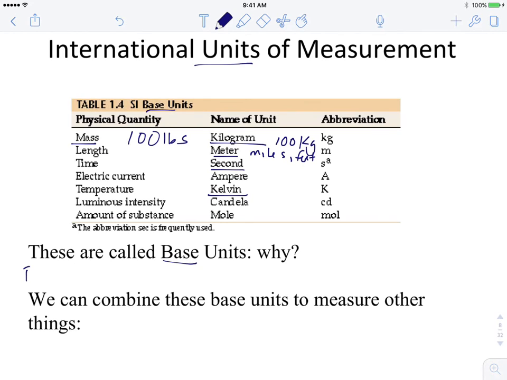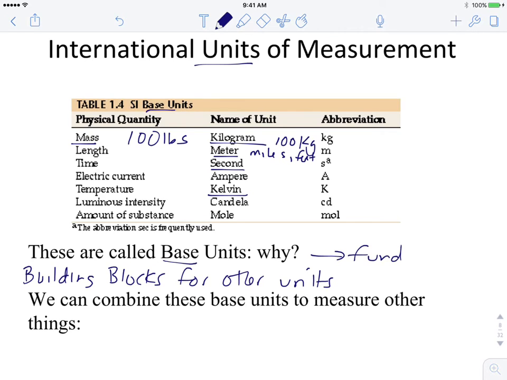So these are sort of like our building blocks for other units. And they're really fundamental, meaning that they can't be broken down to anything less than what they are there.